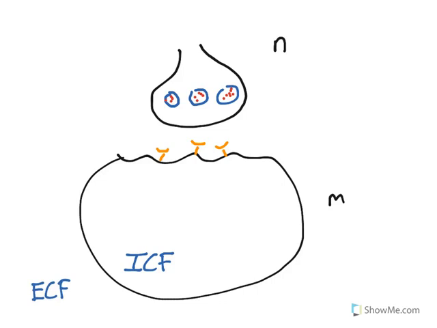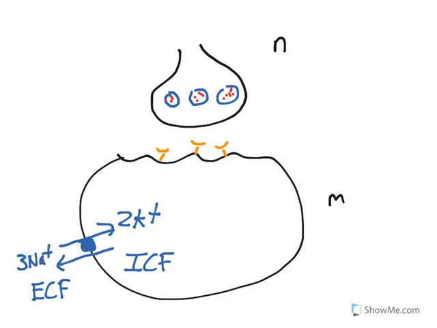Now remember, like all cells, muscle fibers have a protein, the sodium-potassium ATPase pump. As its name implies, it pumps sodium and potassium. It is going to bring in 2 potassium cations and pump out of the cell 3 sodium cations, Na+.